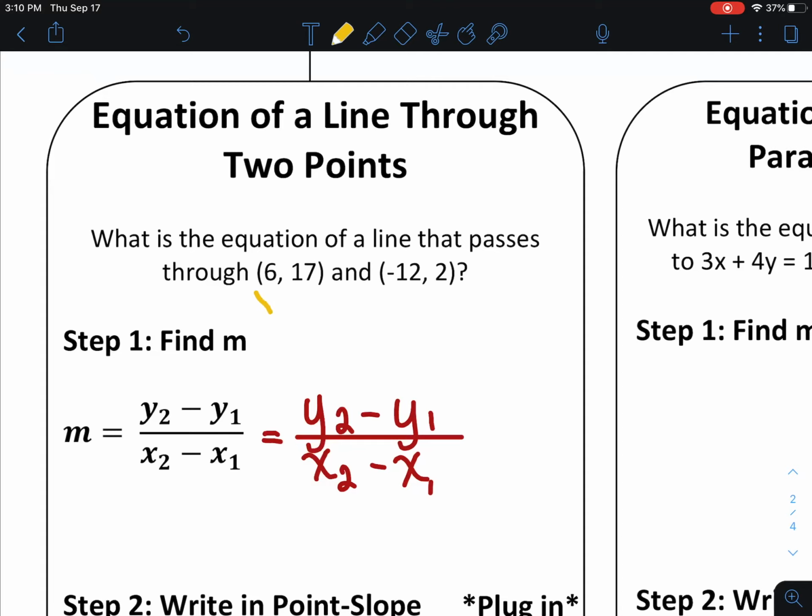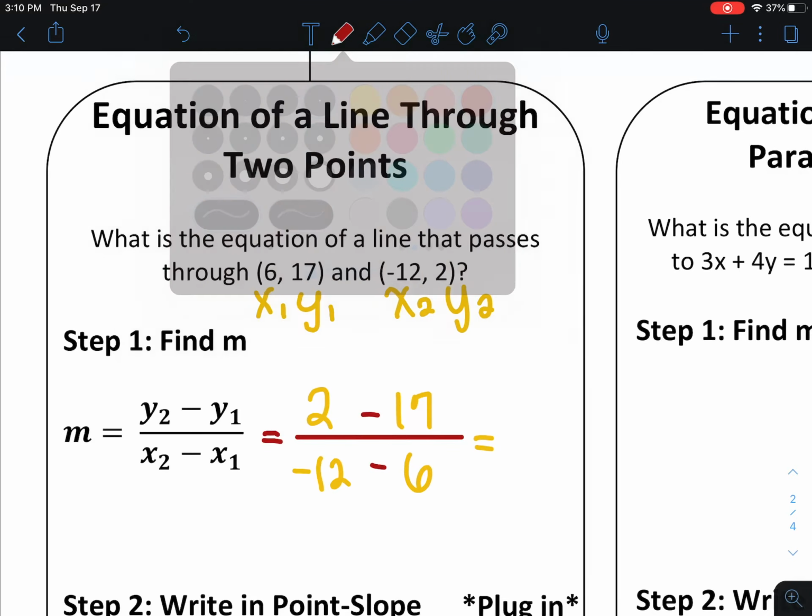All right, so I'm going to use yellow, and now I'm going to erase y2 and replace it with 2. I'm going to erase y1 and replace it with 17. I'm going to erase x2 and replace it with negative 12. I'm going to erase x1 and replace it with 6.